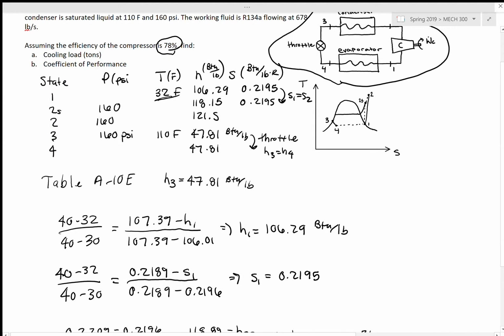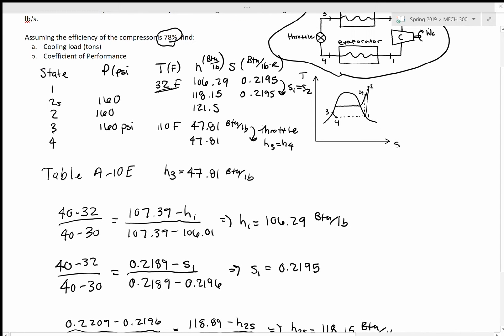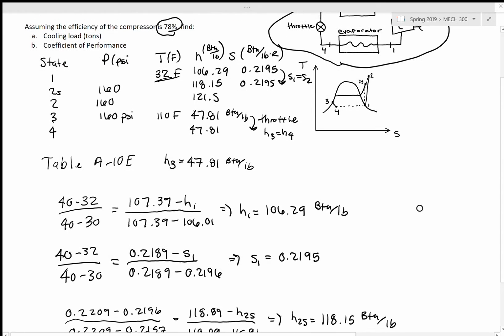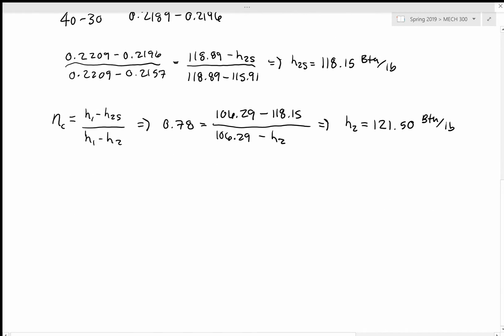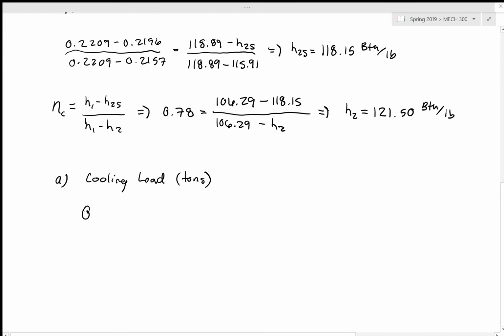So now we have all our H values, so we can start thinking about solving for what was asked of us. And so in part A, we are asked to find the cooling load in tons. To do that, we are going to use the equation Q dot in is equal to m dot times (H1 minus H4).